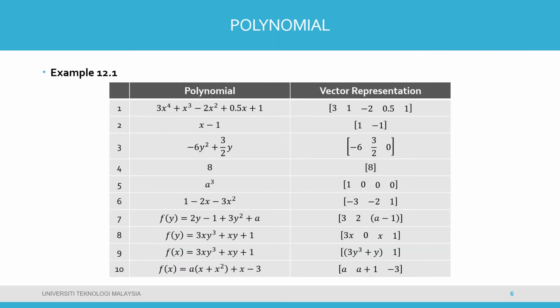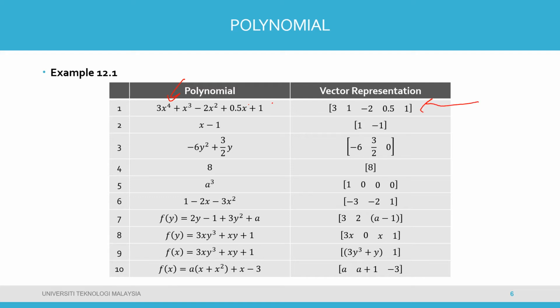Okay, let's go to the example 12.1. Okay, please open your MATLAB and try to do this. Okay, how to present this one equation. So this is basically 4th order, 4 3 2 1 0. So you present this as a vector and you can write something like this.